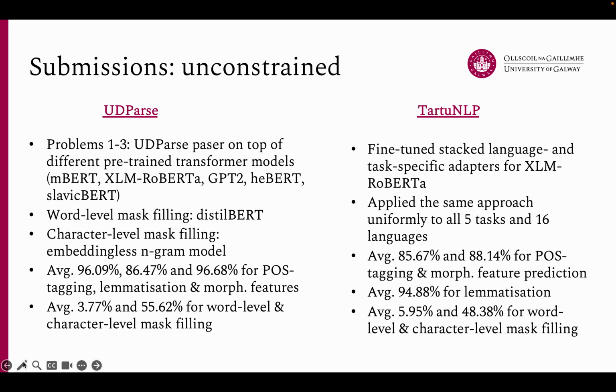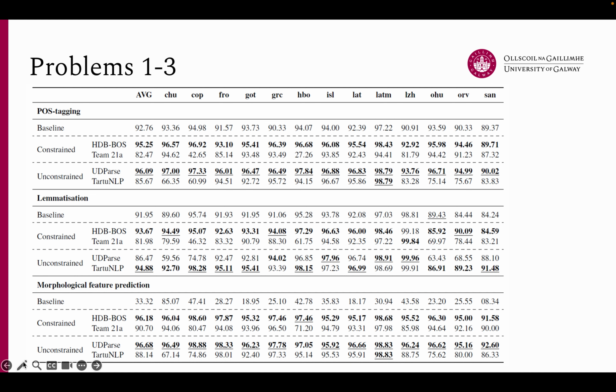At the same time, Tartu NLP outperforms UDParse in lemmatisation and word-level mask filling. The team's results for character-level mask filling generally concede 10 to 15% to the winner, which highlights an interesting observation. A very simple character n-gram model used by UDParse can be more effective in a low-resource setting than cutting-edge approaches.